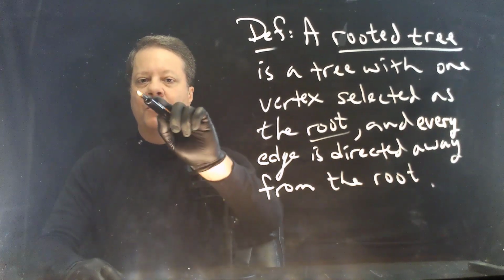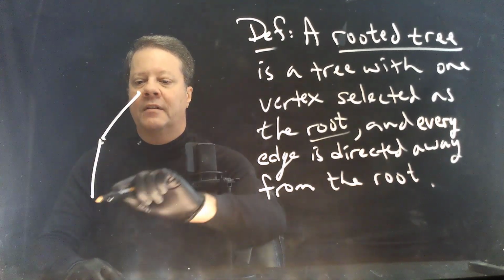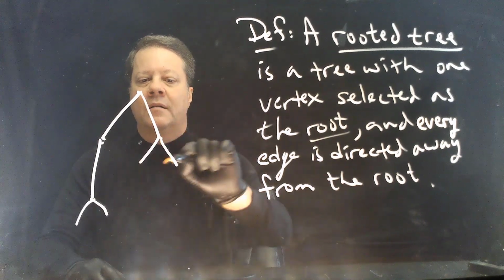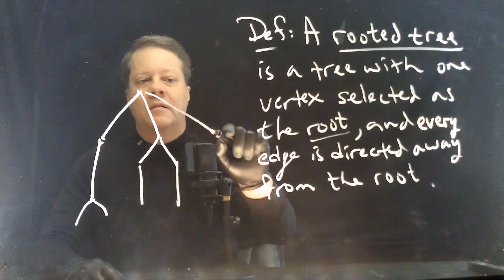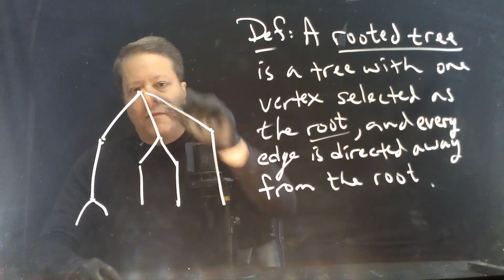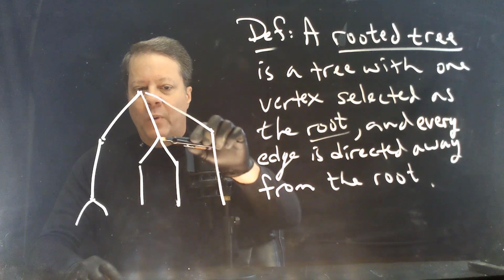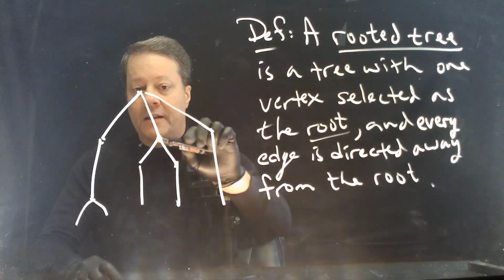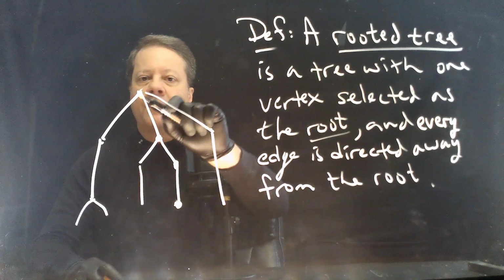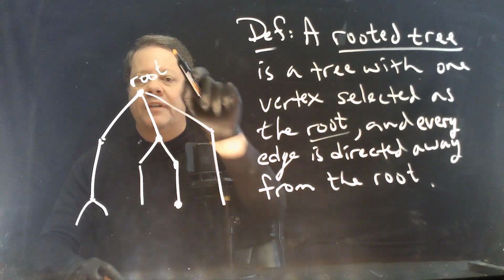So you have some root. You may have other vertices, but all of the other edges end up moving farther away, in terms of the distance from counting the number of vertices from the root. There's your root right there.